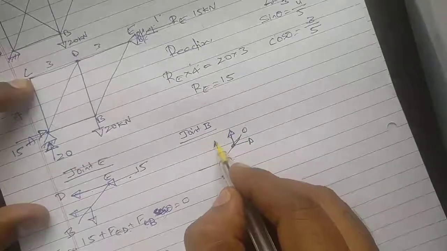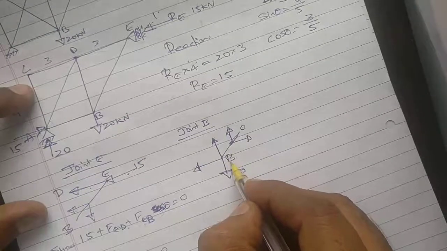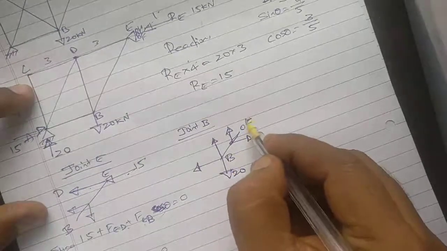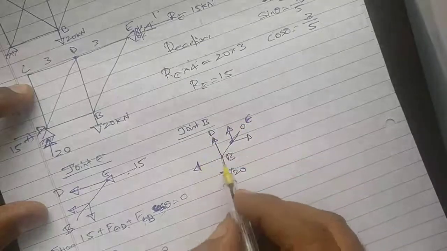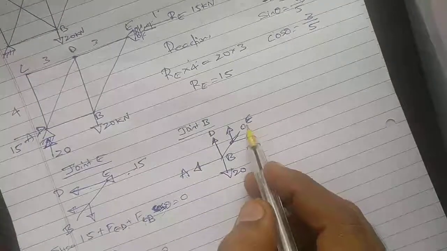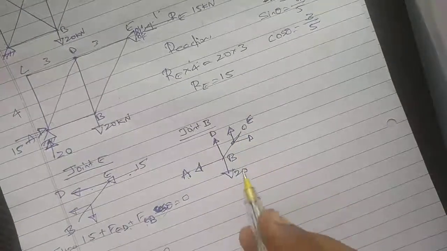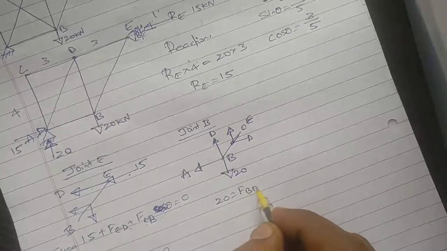This is also away from joint. This is B, this is E, this is D, and this is A. Now this is 0, so 20 is equal to FBD.